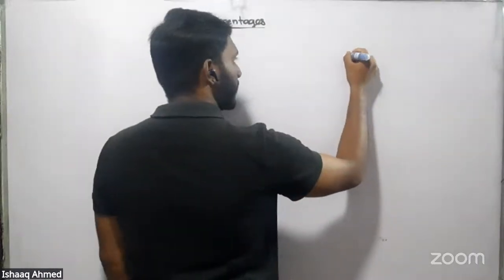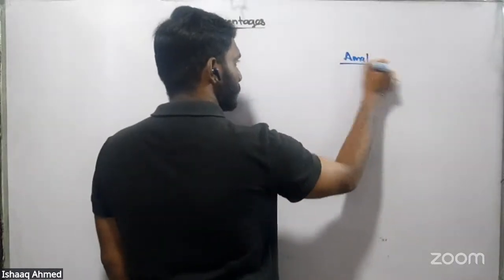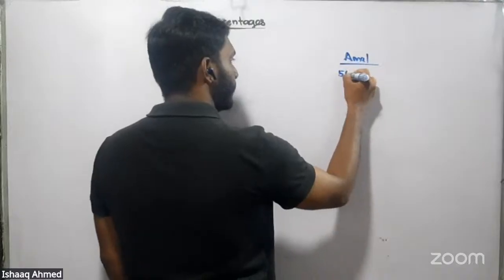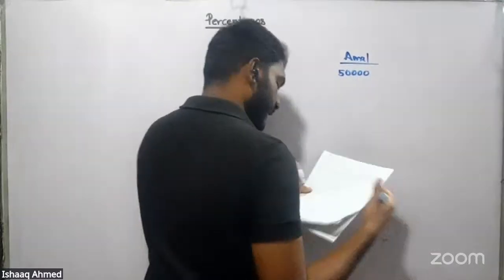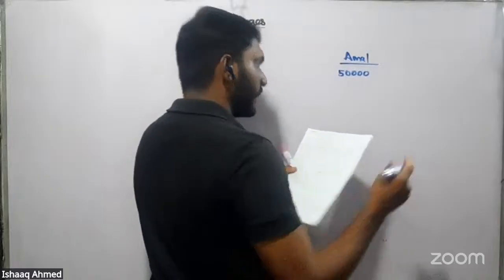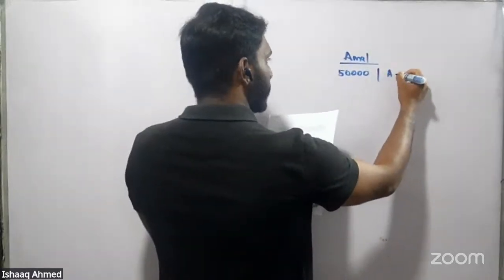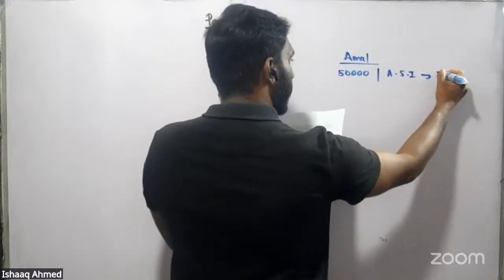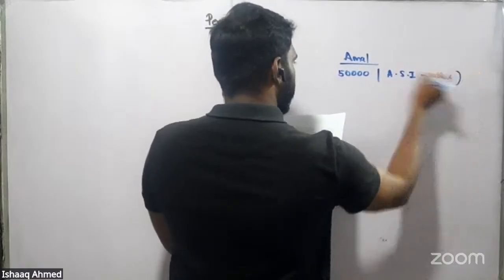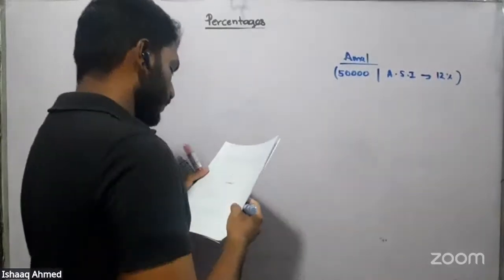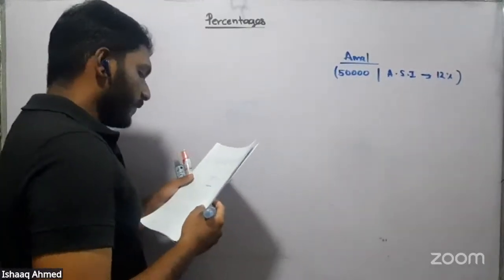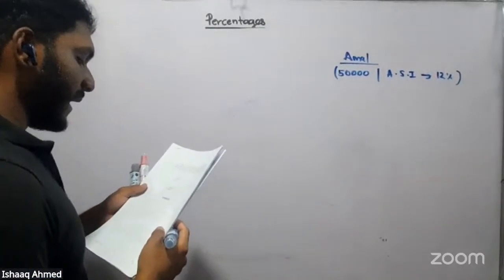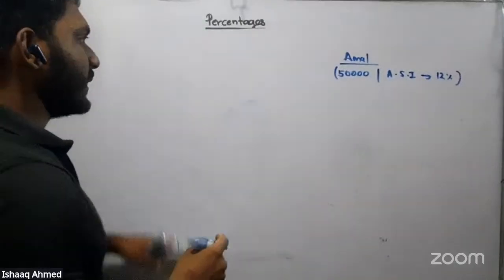Amal takes a loan of 50,000 from a bank with annual simple interest of 12%. Find the total interest he has to pay for the 2 years.